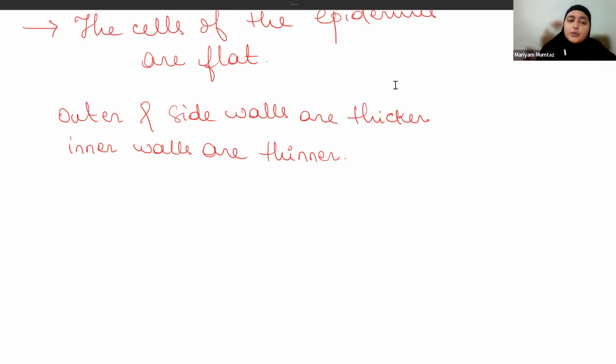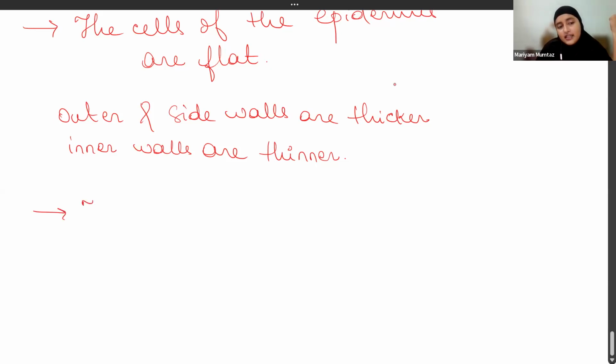Okay. So if you look at the outermost layer of the leaf, or you can say the epidermis of the leaf, you will find tiny dots all around. And these dots or these pores are known as stomata. Okay.